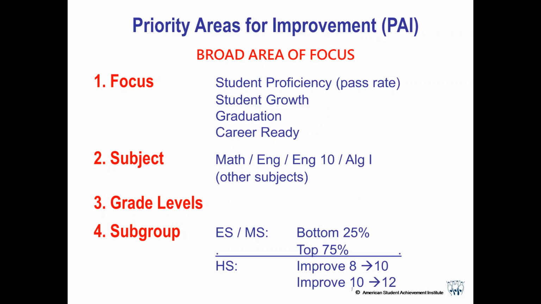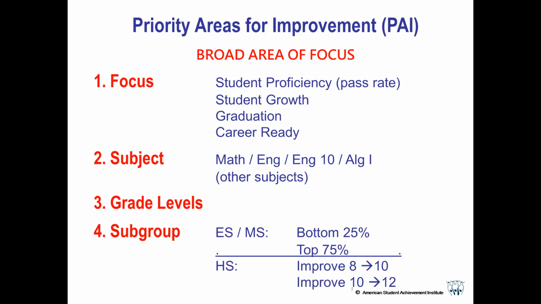Are we looking at the percentage of students who are experiencing student growth, adequate student growth? Are we looking at focusing on our graduation rate or career ready, which is another word for AP, IB and dual credit? So what's the focus of our broad area where we want to improve?